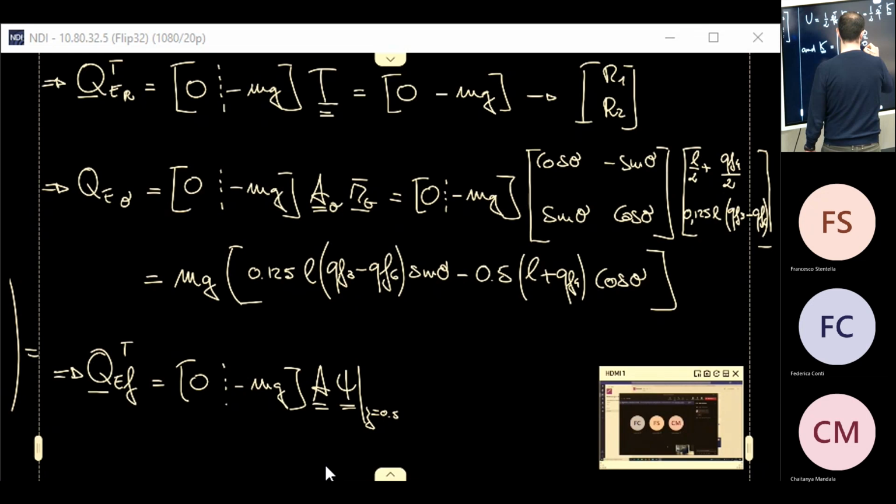Just a second. Here I made a mistake. Here, of course, this is the derivative. So this should be minus sinus of theta minus cosinus.